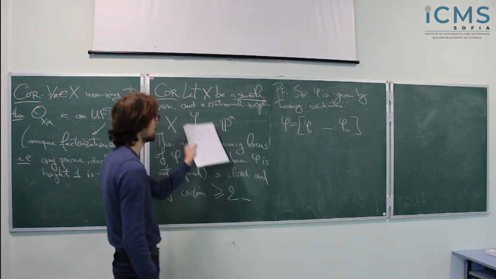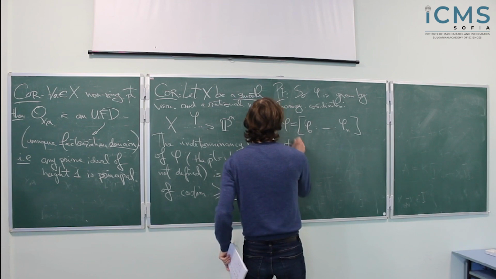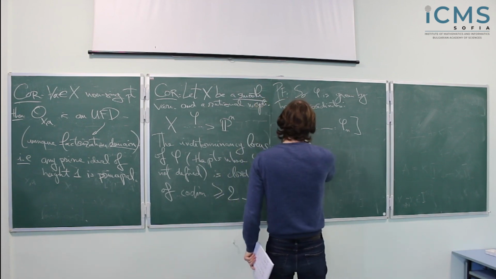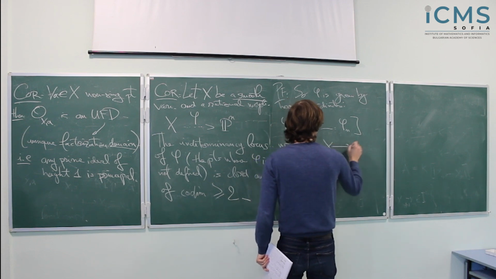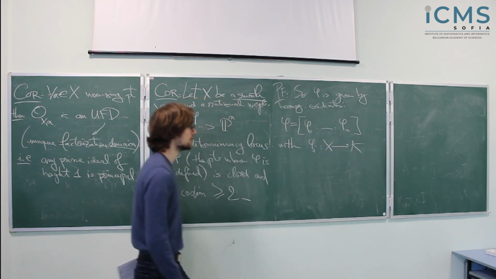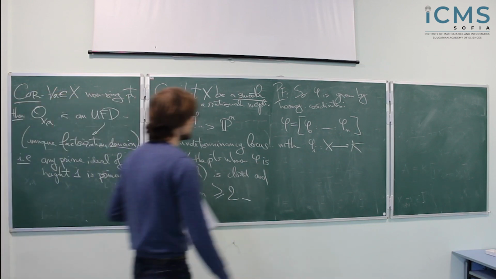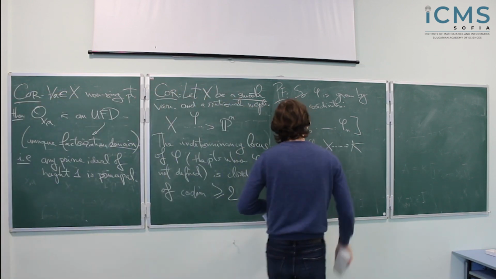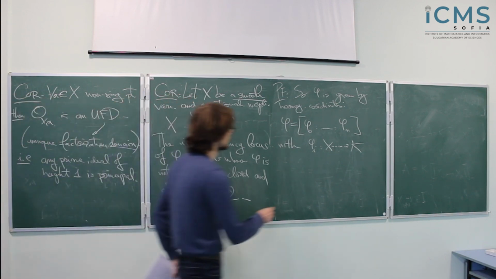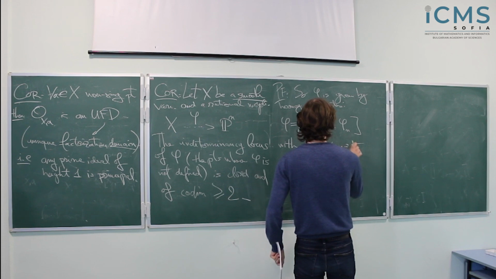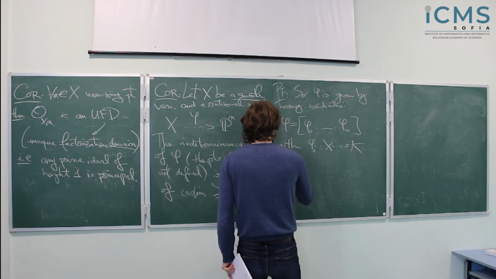We take the homogeneous coordinates of P^n right here, with phi_i, a rational function defined from X to k. Okay, a rational function.